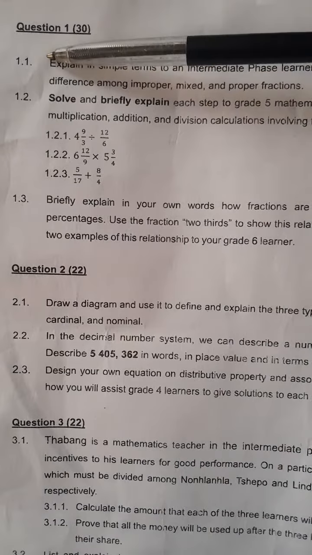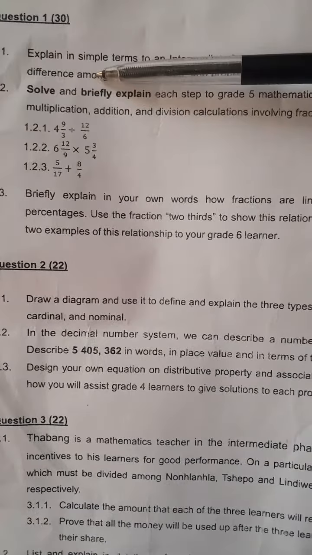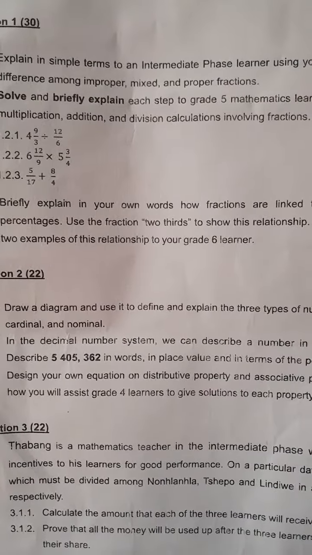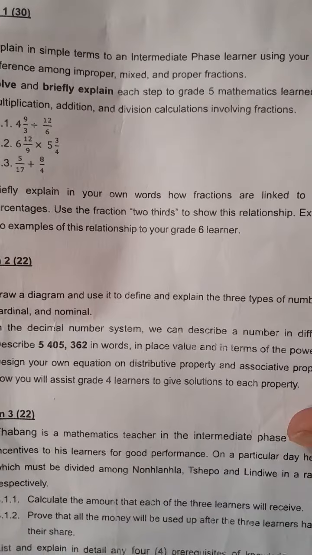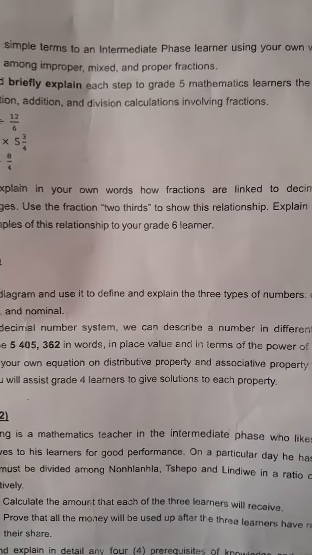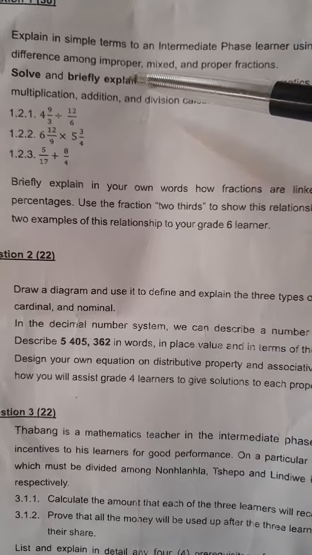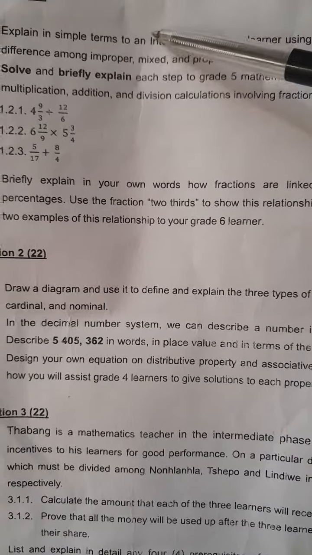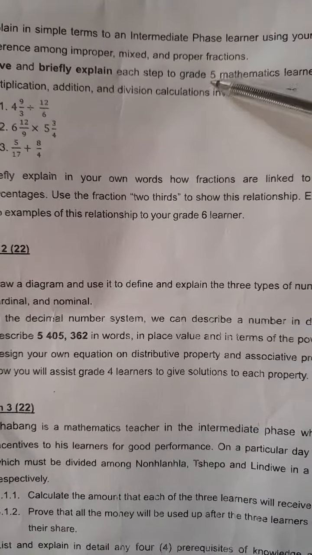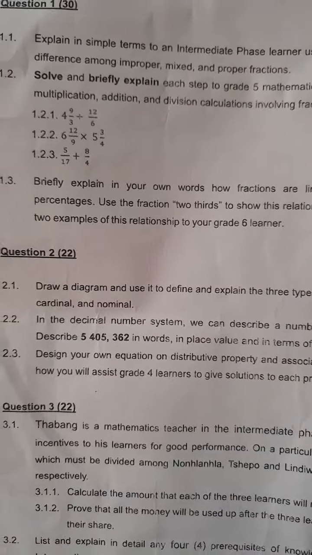Let's start with question 1.1. Explain in simplest terms to an intermediate phase learner, using your own words, the difference among improper, mixed and proper fractions. That's what we are going to look at.